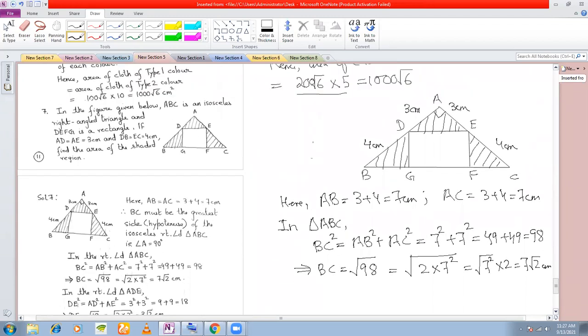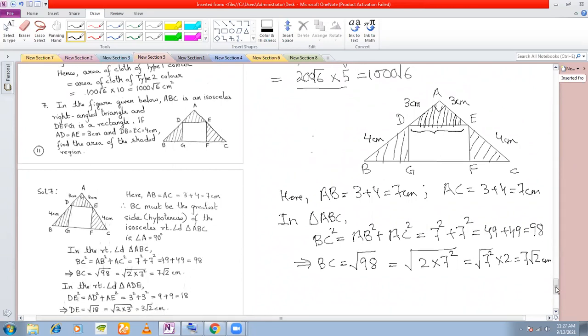Now if you see this shaded triangle ADE, you can find out the length of DE also. This is the hypotenuse of this triangle, and it is also the length of the rectangle.